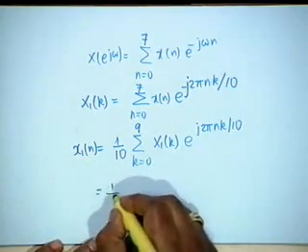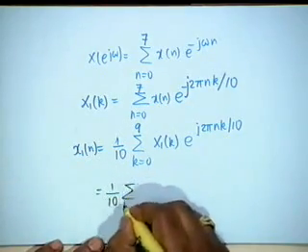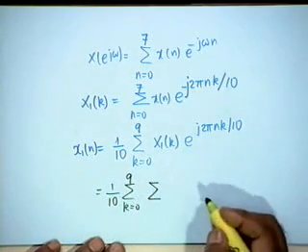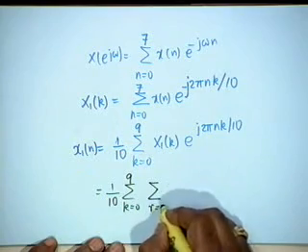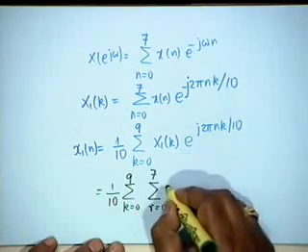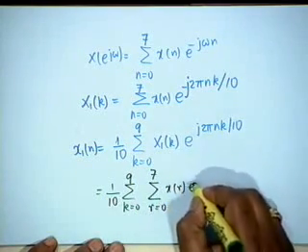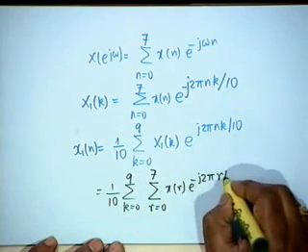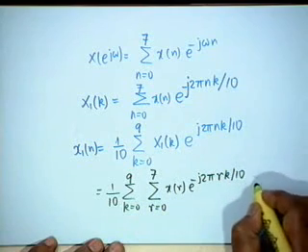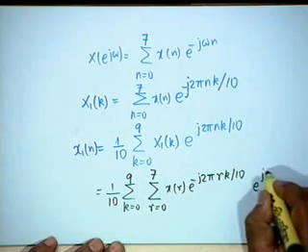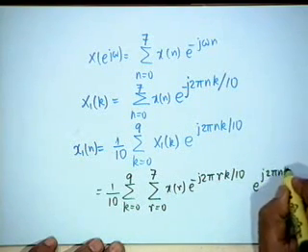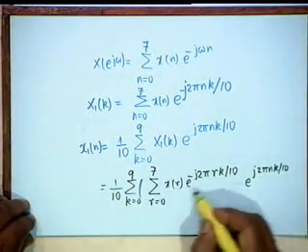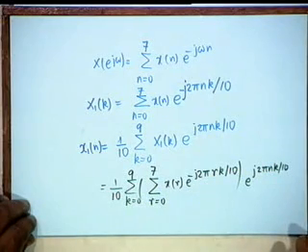So I get 1 over 10 summation k equal to 0 to 9, then summation r equal to 0 to 7 x of r e to the power minus j 2 pi r k by 10 multiplied by e to the j 2 pi n k by 10. If you want, you can put this in bracket.